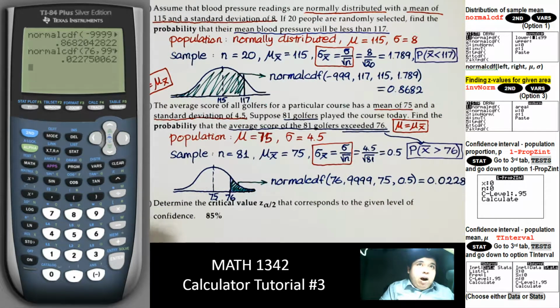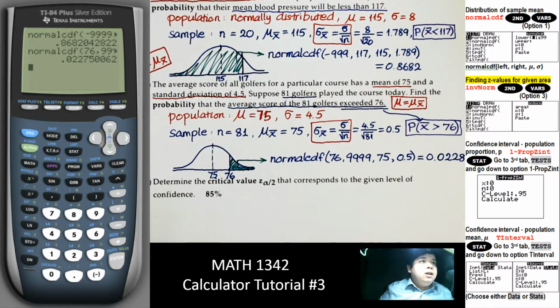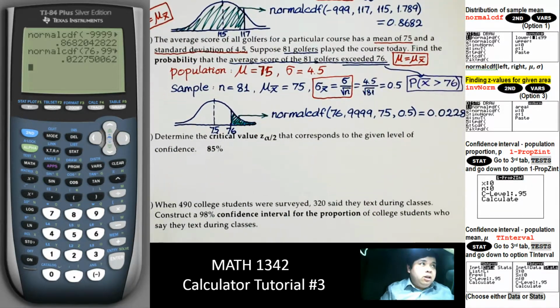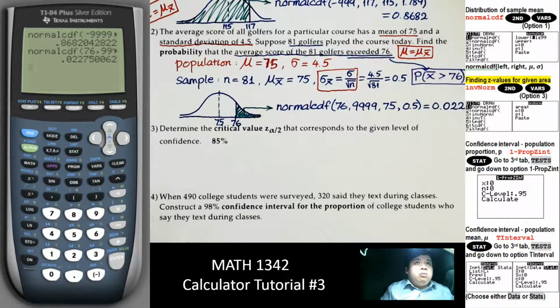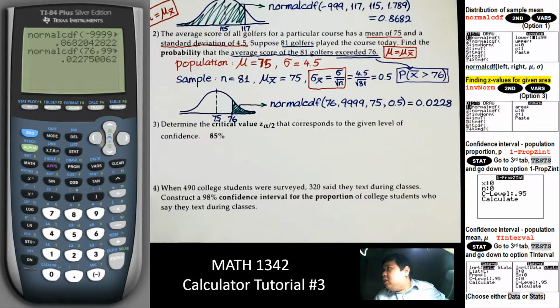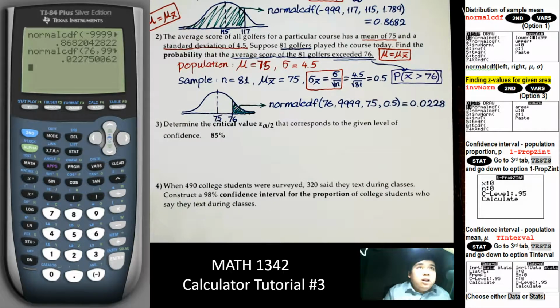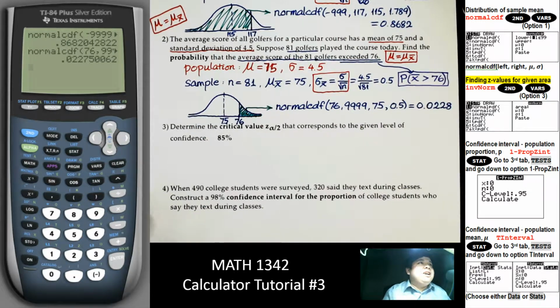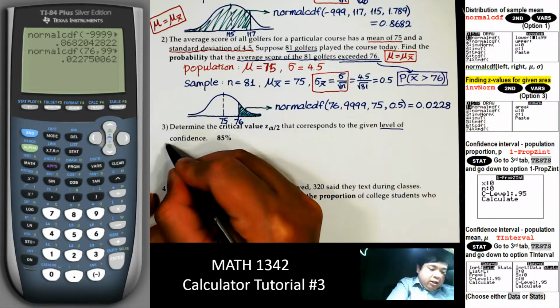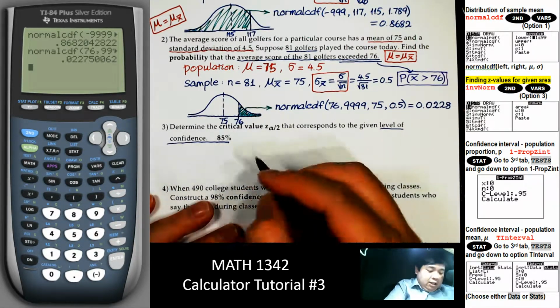Next, we find the z values for a given area. Number 3. Zoom out a little bit. Yeah, that's better. Right. Now, on this one, we want to find the critical values for the level of confidence of 85%.